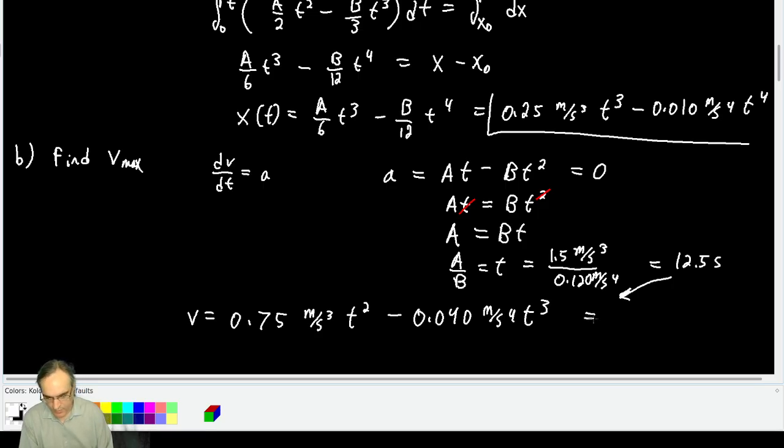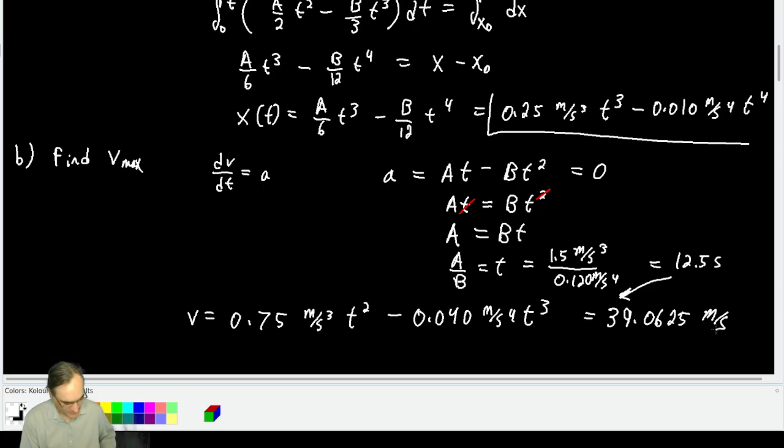So 0.75 times 12.5 squared minus 0.04 times 12.5 raised to the third is 39.0625 meters per second. All the digits of precision we've been given here are on the order of 3.